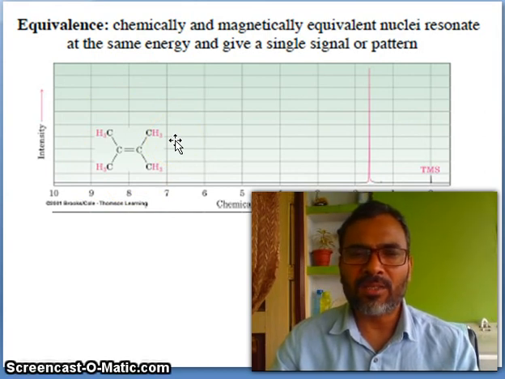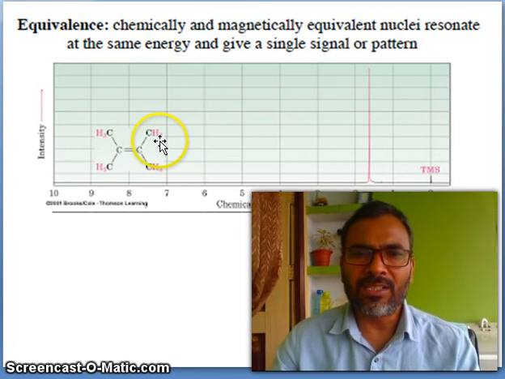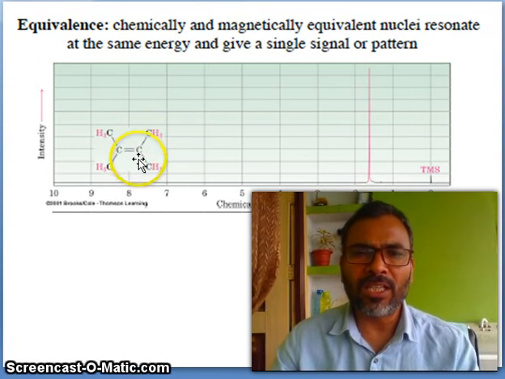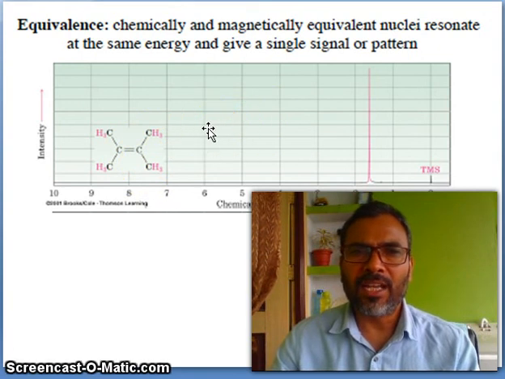What do you expect when you synthesize this type of compound? You expect a single peak in your NMR spectra without splitting, because these 3 hydrogens are not near any other hydrogen. So, chemically and magnetically equivalent.